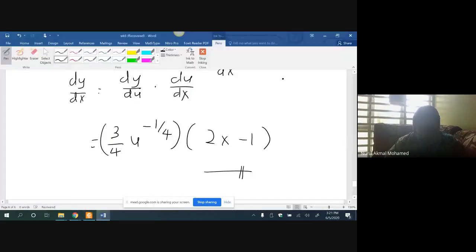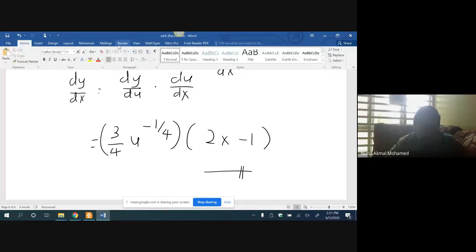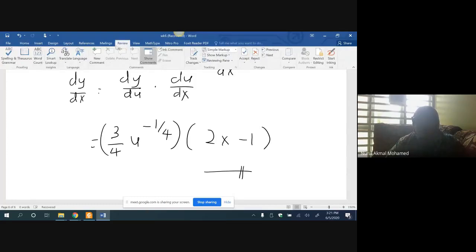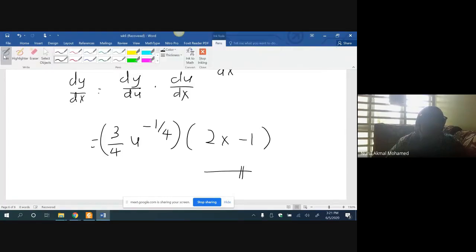The same for Word. For Word, we have inking. You click Review, and then Start Inking, which consists of a pencil and an eraser as well.